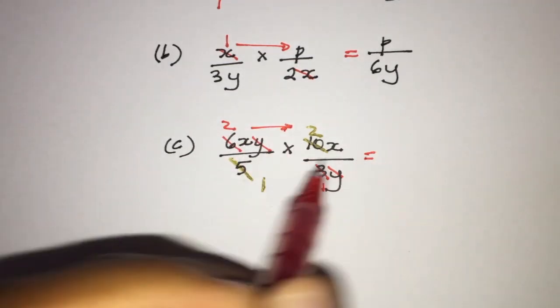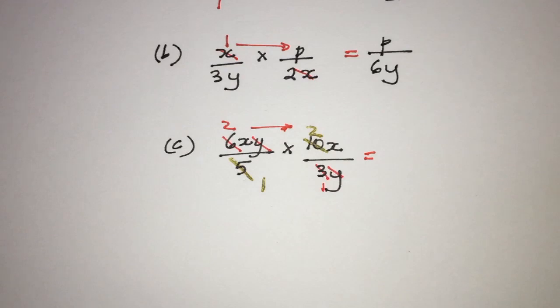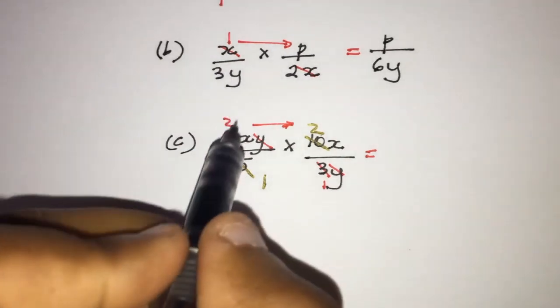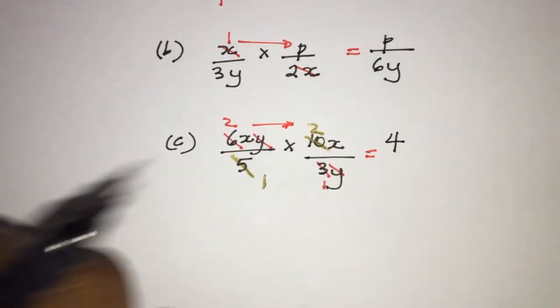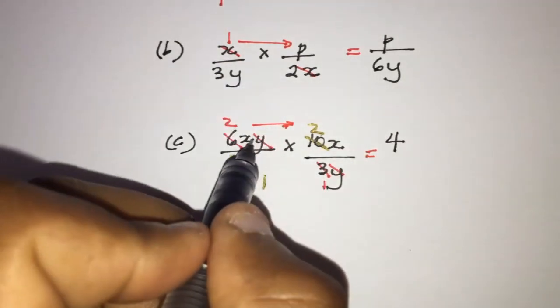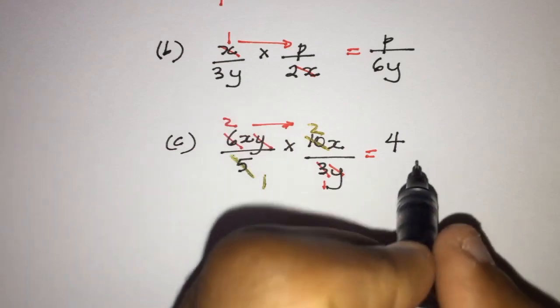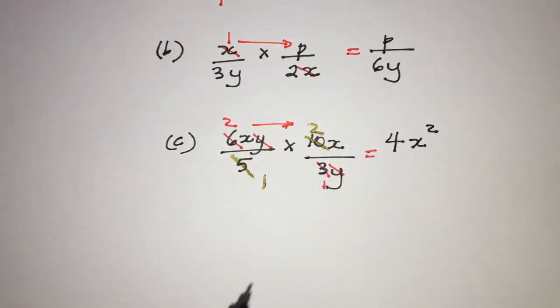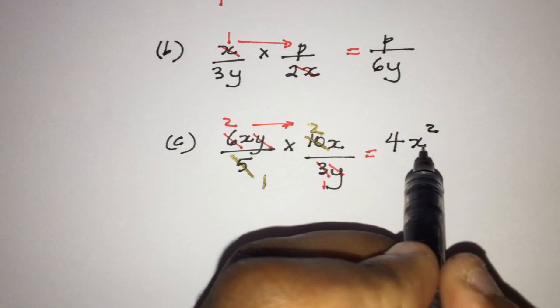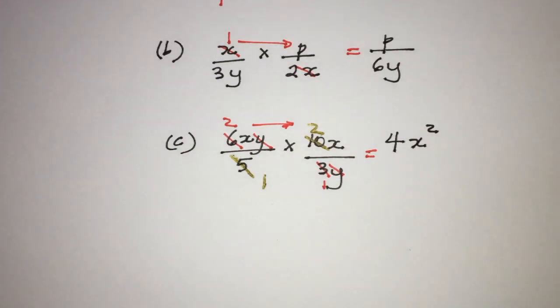And you have to look carefully. This is where you can leave out some stuff. So we have 2 times 2, that's 4, working with the numbers first. Then we have x times x, that will give us x squared. Remember, this 2 is called the exponent or the index. It tells us how many times this factor is being multiplied by itself.